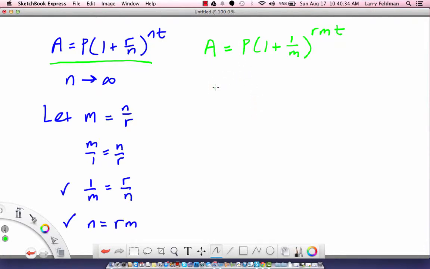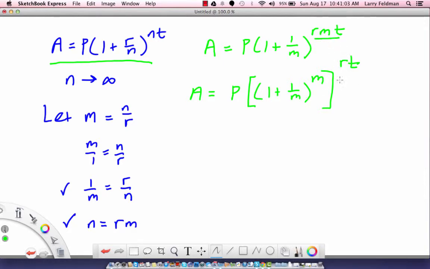Now, what we want to do next is just rewrite this in a slightly different way: (1 plus 1 over m) to the m, and that's all to the rt. In other words, when you raise a power to a power, you multiply the exponents. So we get m times rt, which is the same thing that we have here.